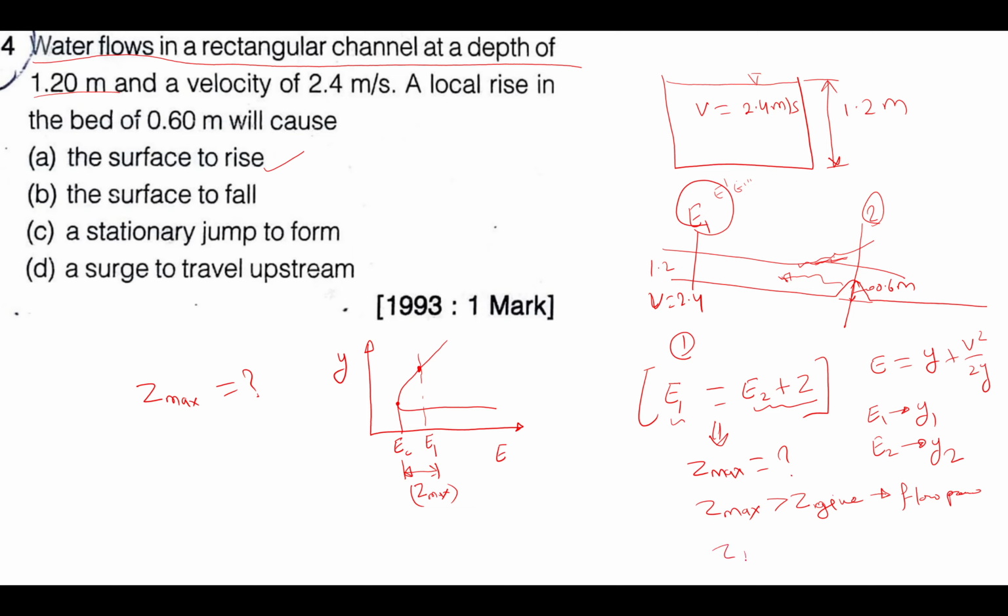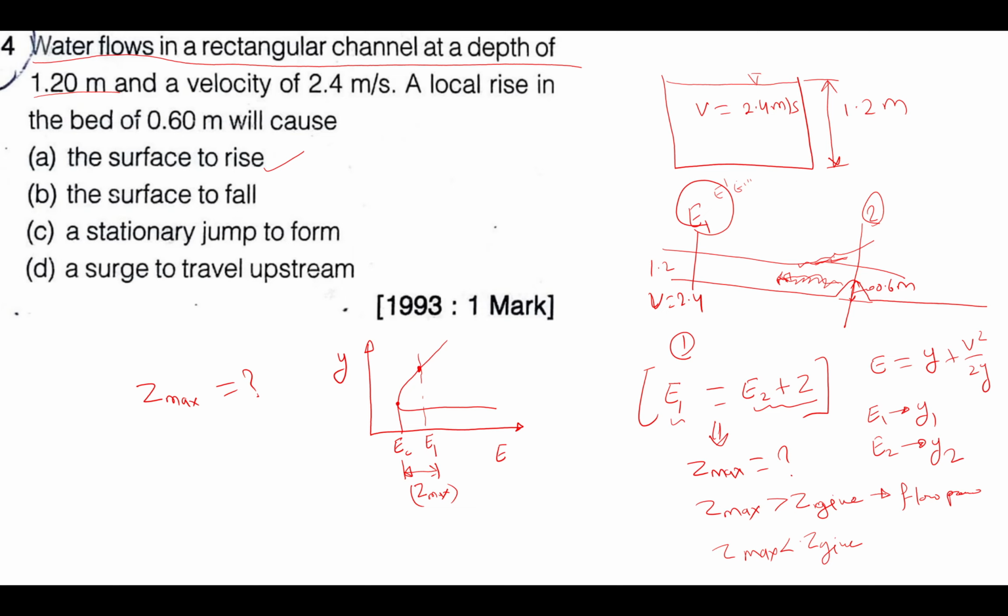If Z max is less than the given Z, what will happen? Your upstream energy will not be sufficient to cross this hump. So a surge will travel in the upstream.